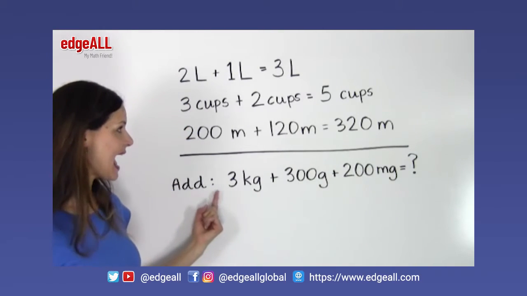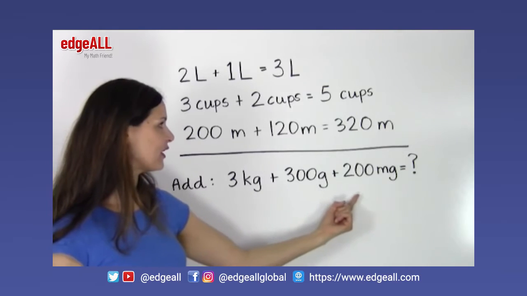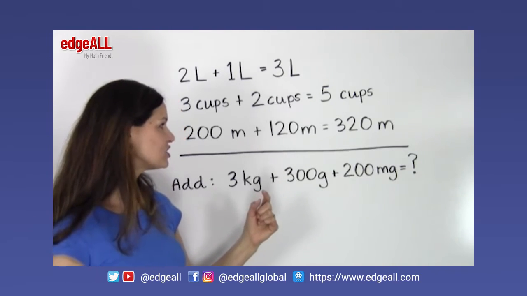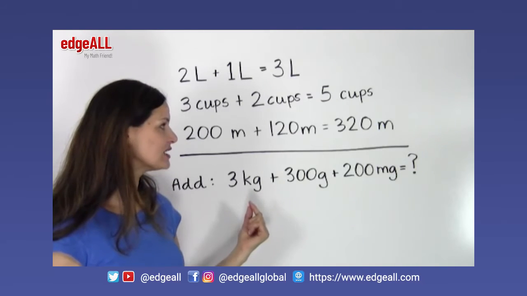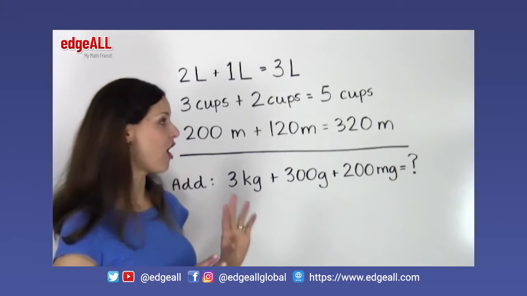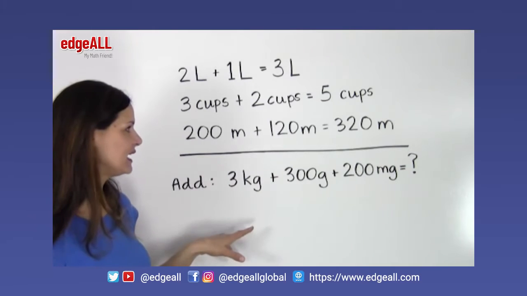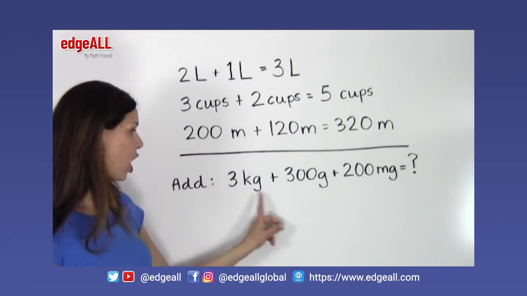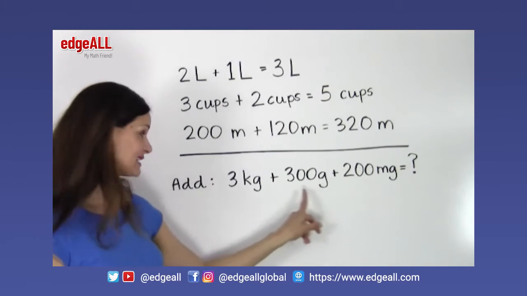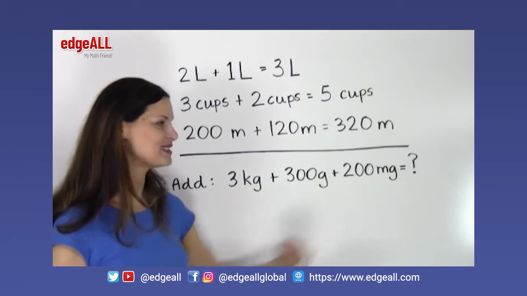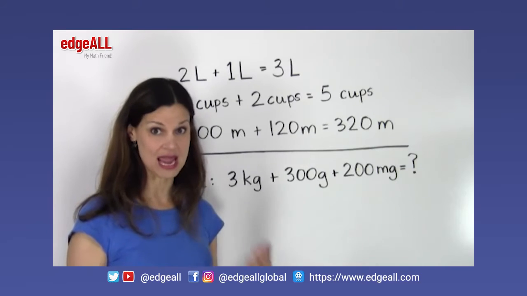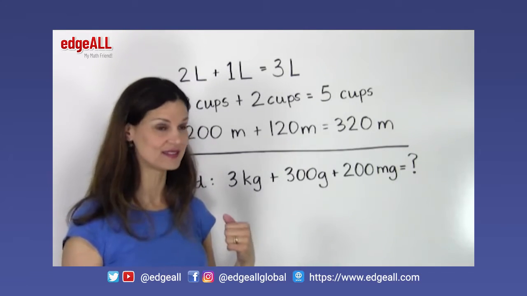Well, you can add these numbers together, but you have to make sure that before you do the adding of your 3 parts, you convert all of them to 1 unit. So you can convert them all to kilograms, or I guess I would say you could keep this one in kilograms and convert these 2 to kilograms, and then your answer would be in kilograms.